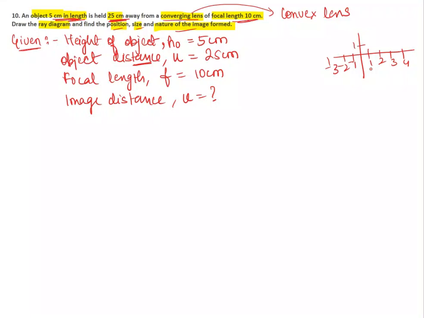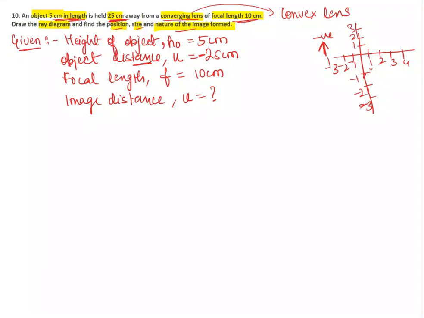In upward side, this is 1, 2, 3 and so on, and in downward side, this is -1, -2, -3. These are negative numbers. So the object is always kept on the left side, that is negative. So object distance will be -25.